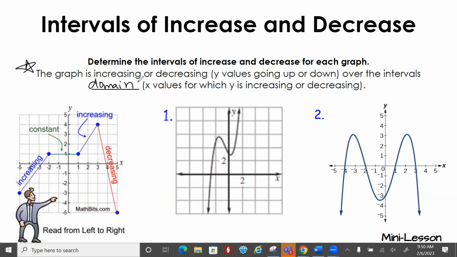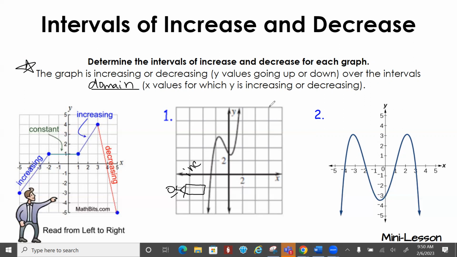Okay, so another way to look at this is to say, if you were on a roller coaster, like you're getting on Goliath at Six Flags, and you get on the roller coaster on the left-hand side, are we going up or down? We're going up right here. You would be telling me, when are we going up?